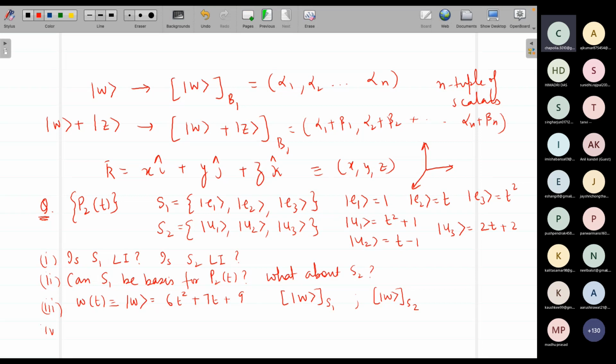And my final question, this is a bigger question, but it's not that tough. I want E1 with respect to S1, each of the vectors of those vector spaces with respect to S1, E3 with respect to S1, and the same with respect to S2.